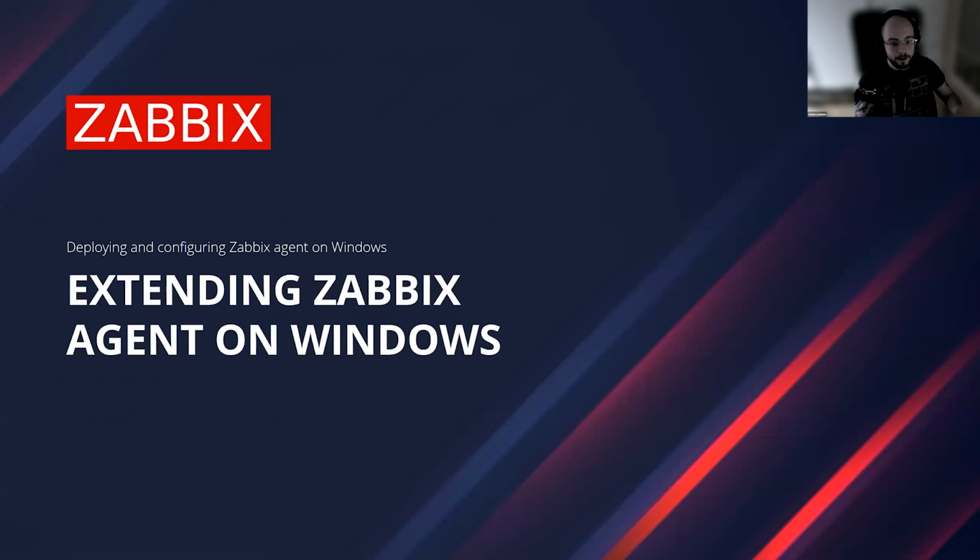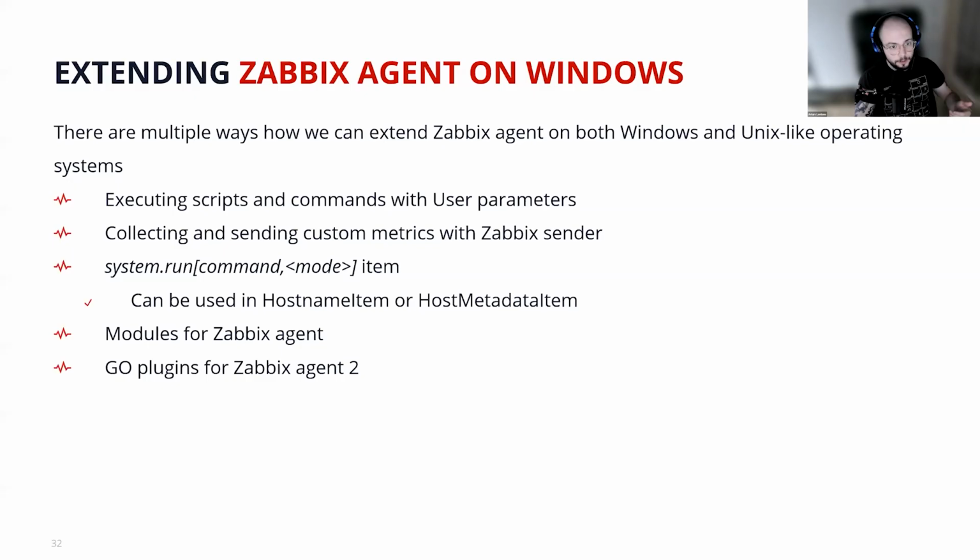What about extending Zabbix agent on Windows? There are multiple ways how we can extend Zabbix agent on both Windows and Unix-like operating systems, but we'll talk about Windows specifics in a moment. So we can execute scripts and commands with user parameters. As we saw initially when we were downloading our agent, we have Zabbix sender available on Windows that can send custom metrics to the Zabbix server, not related to agent, but still extending on Windows.